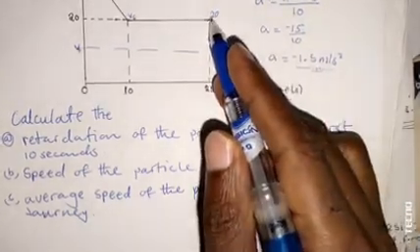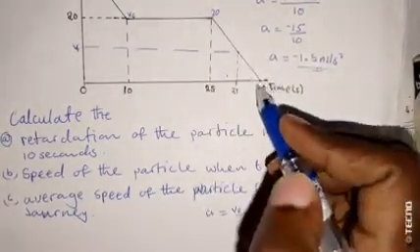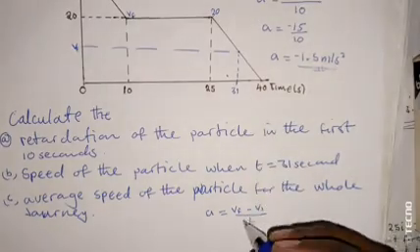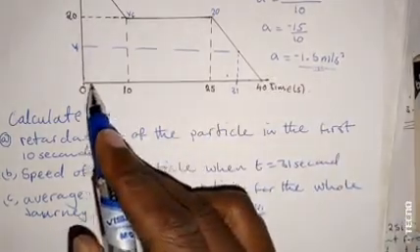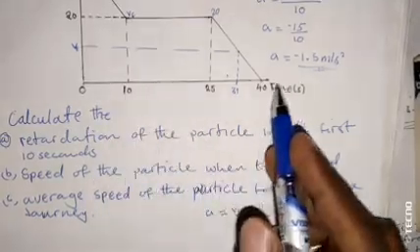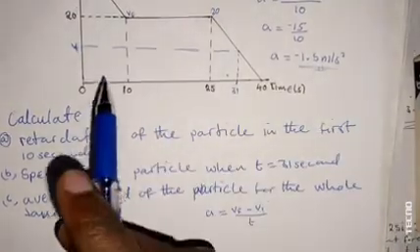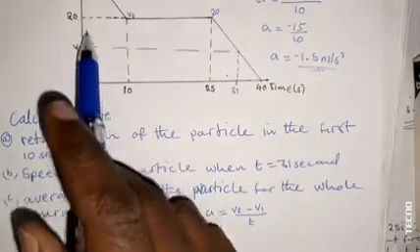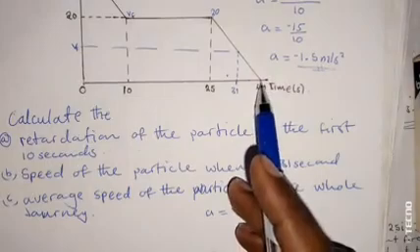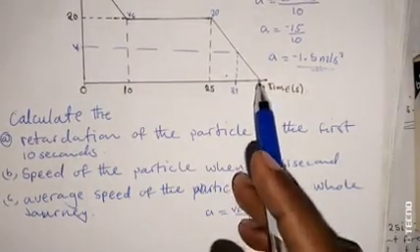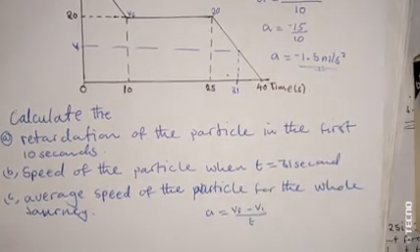Since it's our initial, it's the one that we're going to put here. Then the final velocity here on the time axis, we can say it is what? 0, because velocity only appears in the vertical line. In the horizontal line, velocity is equal to 0. So at this point, our final velocity will be 0.